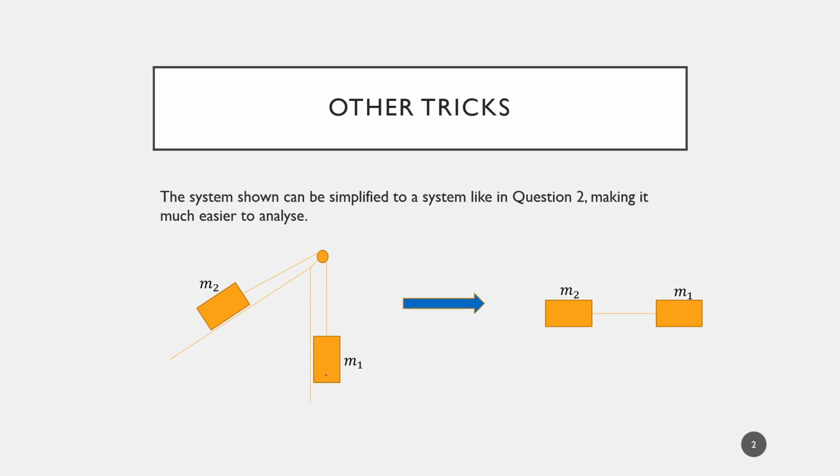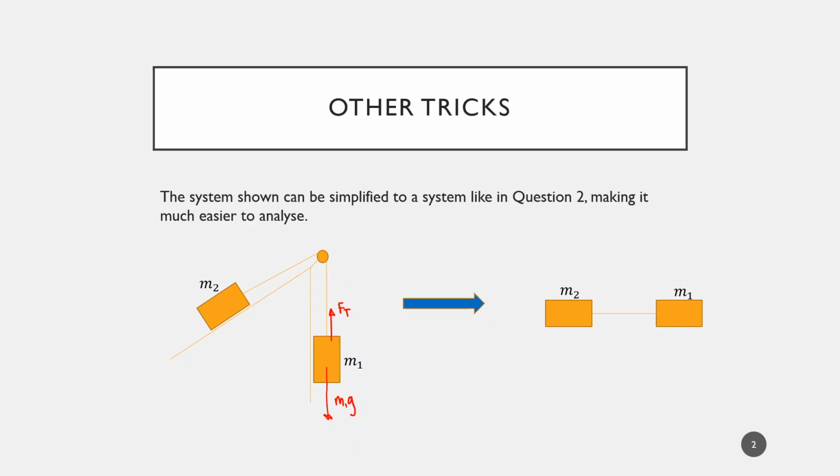Well, it's being pulled down by gravity, so that's going to be M1G, force of gravity, mass times G. And at the same time, it's also got a bit of tension pulling it upwards. We'll call that Ft. That's really the only forces acting on M1. Again, we're simplifying things by ignoring resistance, which a lot of the times we can.